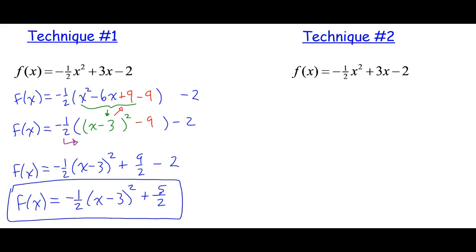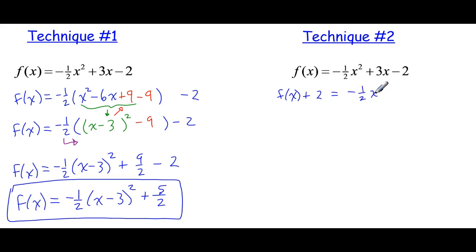What we do with technique number 2 is we sort of more closely follow normal completing the square steps. And what I mean by that is normally what you would do with the minus 2 at the end is you would add 2 to the other side of the equation. Well, that's what we do in technique number 2. We add 2 on the other side of the equation.